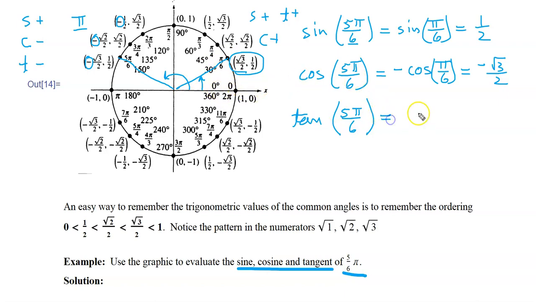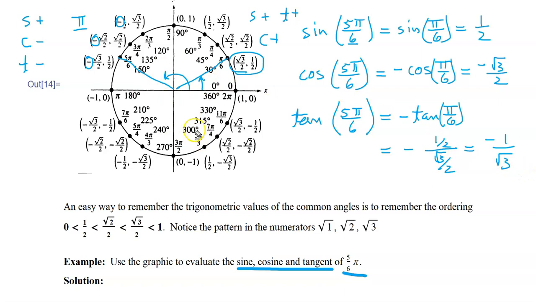And so this is just going to be negative the tangent of pi over 6, and the tangent of pi over 6 is 1/2 over root 3 over 2. And we get negative 1 over root 3.